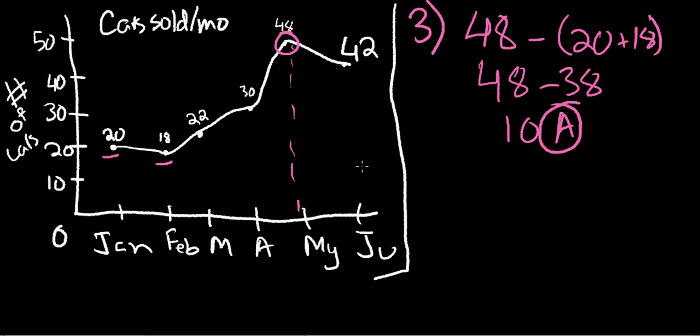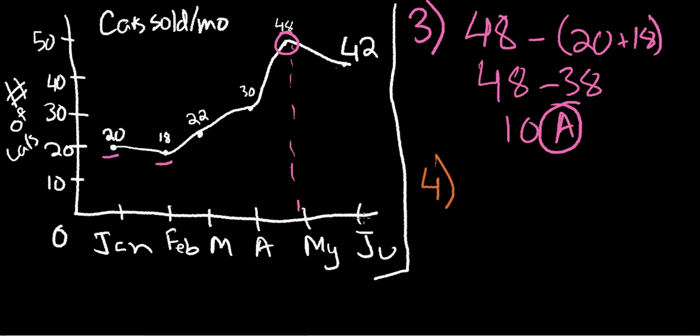Now, number 4 says, if the car sales data from these 6 months were illustrated by a circle graph, what would be the measure of the central angle of the sector that represents the month of April?